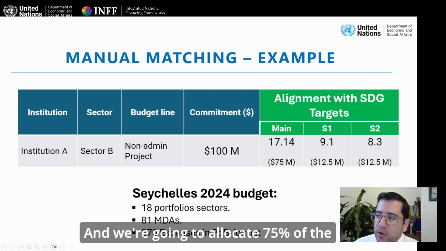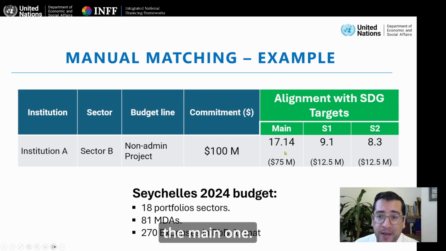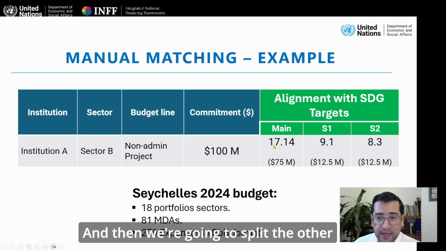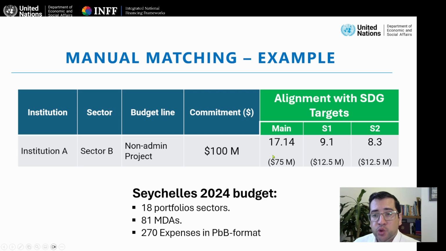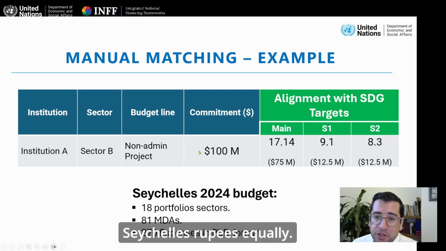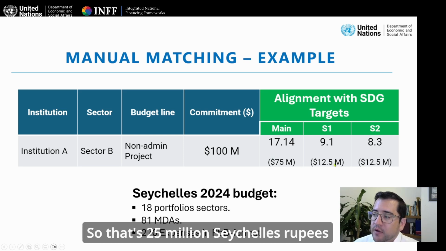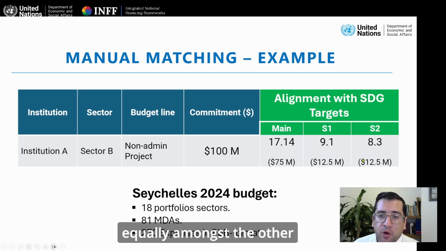Then we're going to split the other 25% of these 100 million Seychelles rupees, so 25 million, equally amongst the other two SDG targets chosen.